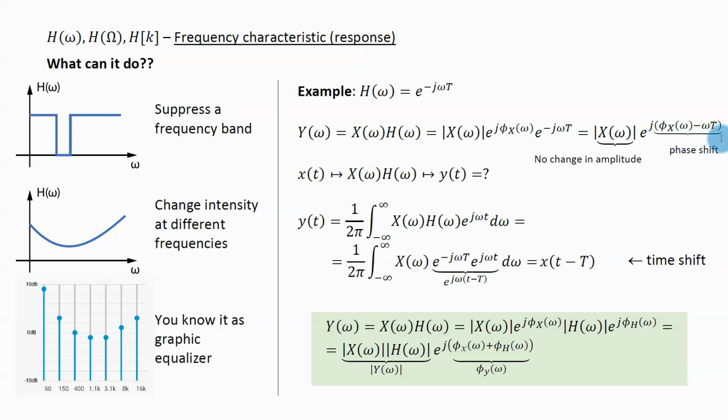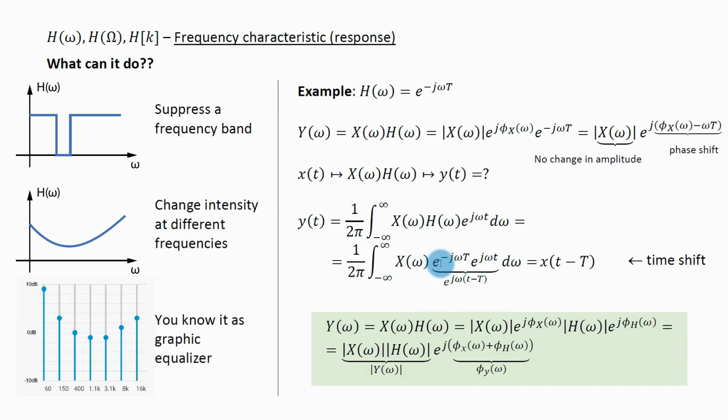But what exactly does this phase shift do? What will happen when I take a signal in the time domain, then I apply filtering in the spectral domain, and I go back to the time domain? What will be the result? Well, I will examine that here. So my signal in the time domain will be given as the inverse Fourier transform of the spectrum of my original signal multiplied by the frequency response. So here I will evaluate that integral.